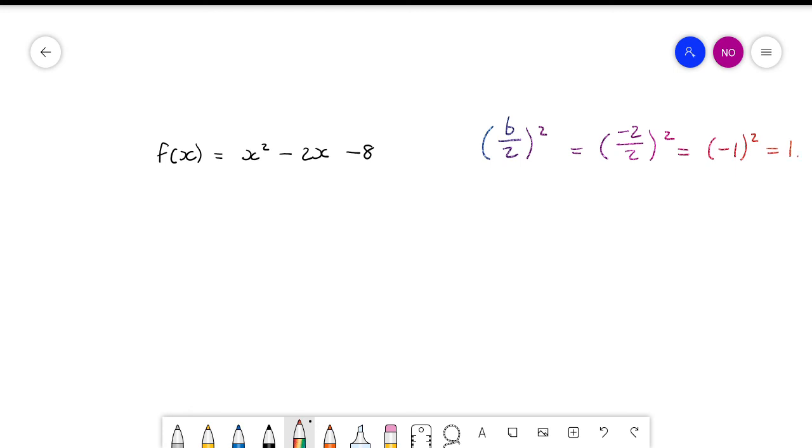So now we're going to add it first and then subtract it. So ek gaan sê x kwadraat minus 2x, I add the 1. I add the 1 and I subtract the 1. Want ons mag nie gaan verander in sy waarde nie, né? And then just bring the minus 8 along.